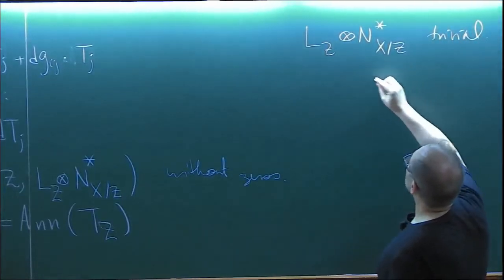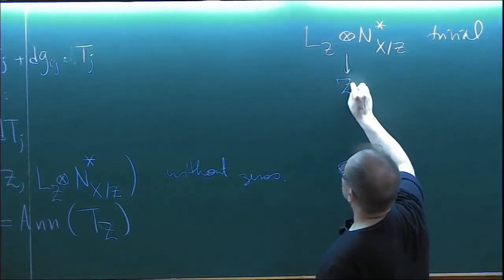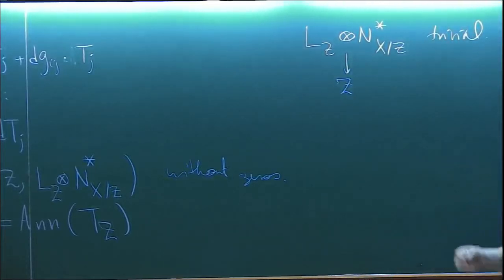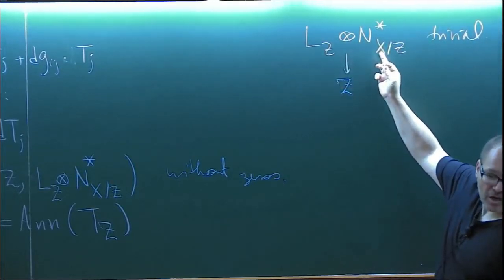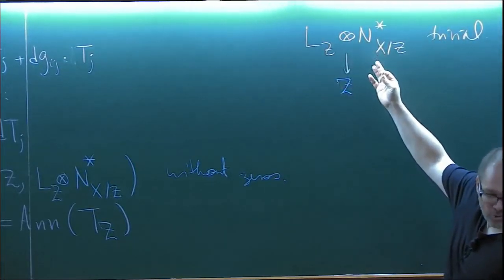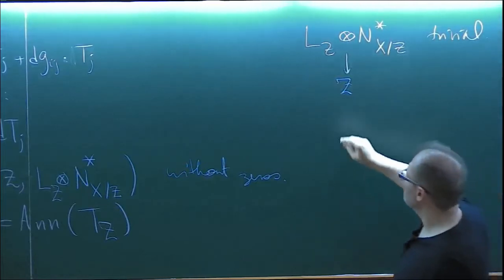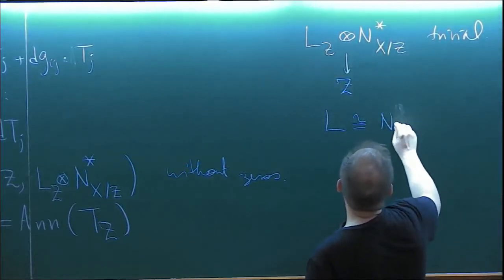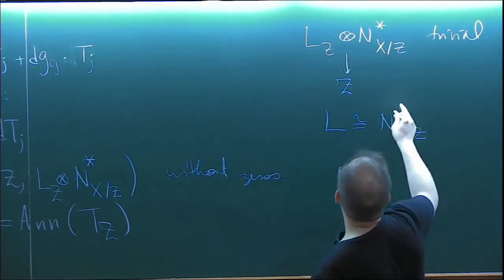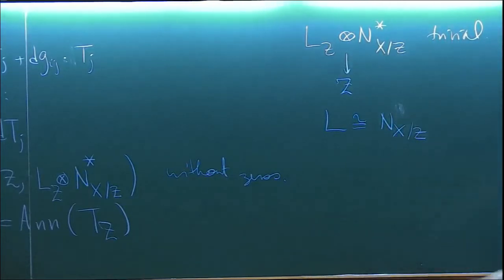So this is on Z. It's only defined on Z at the moment. However, what this means is that L is isomorphic to the dual of N star, which is called the normal bundle, right? This abstract. So L is isomorphic to the dual of N star. It should be star star, but that's what we call the normal bundle.